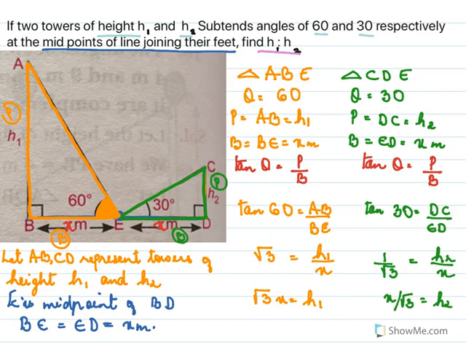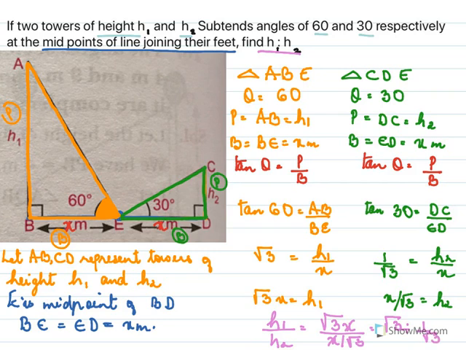Next we need to find the ratio of h1 over h2. So h1 over h2. h1 is root 3 x over x over root 3. So this x will cancel.